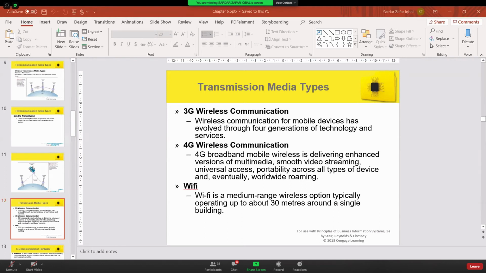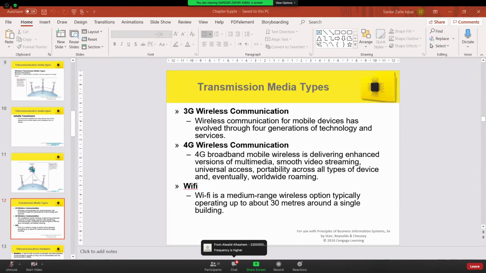Why is it faster? It's an enhanced version of 3G wireless, more advanced. So the latest one is 4G. I think now 5G is also available. Yes, 5G is the latest one.